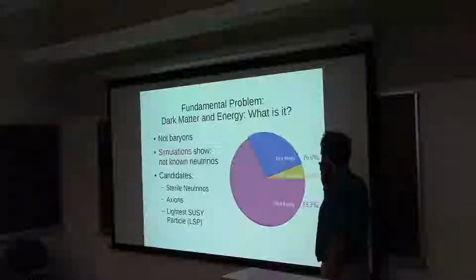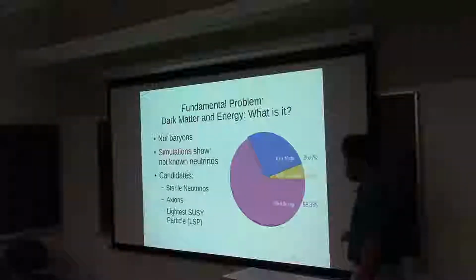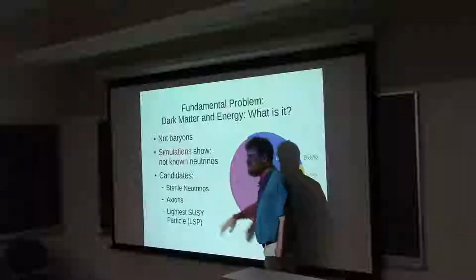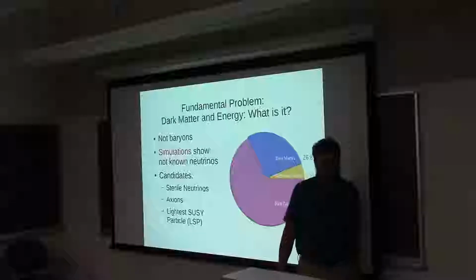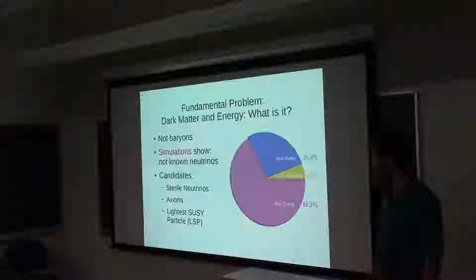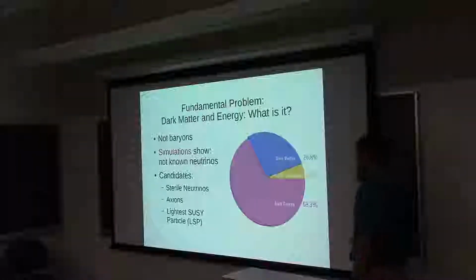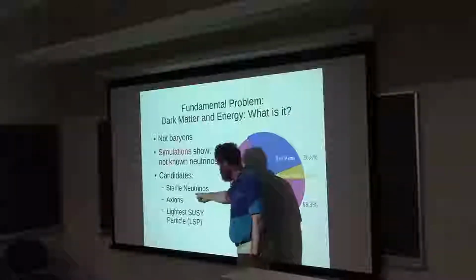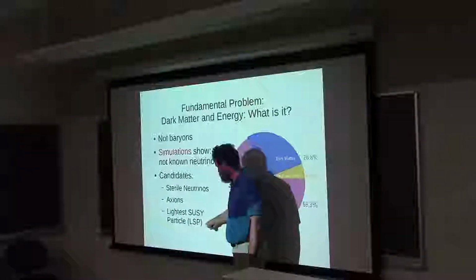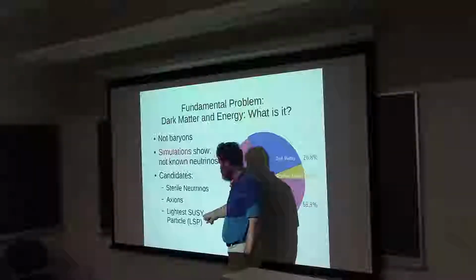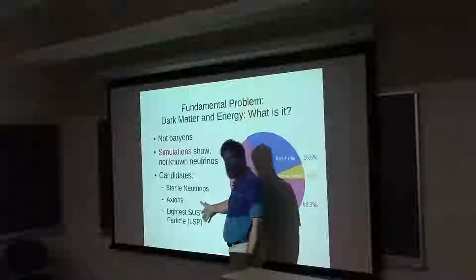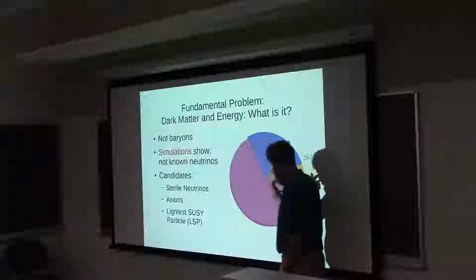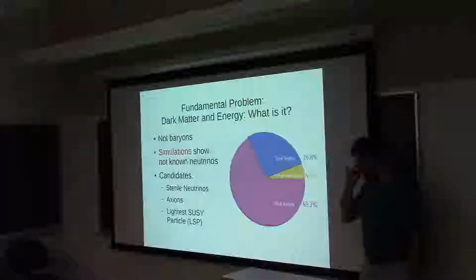But that leaves, there possibly could be a heavy neutrino, keV or heavier, and a couple of other candidates include axions of several types. Probably the candidate most people talk about these days is some sort of weakly interacting massive particle, such as the lightest supersymmetric particle.